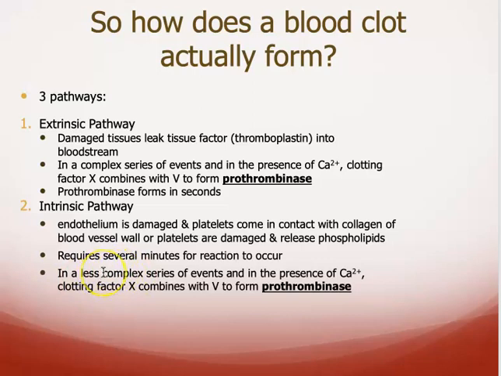It's somewhat less complex, but still a multi-step process. Again, calcium is necessary in each step. You ultimately have factor 10 and factor 5 forming prothrombinase. So again, the main difference: extrinsic, the damage is from the outside. Intrinsic, the damage is on the inside wall of the blood vessel.